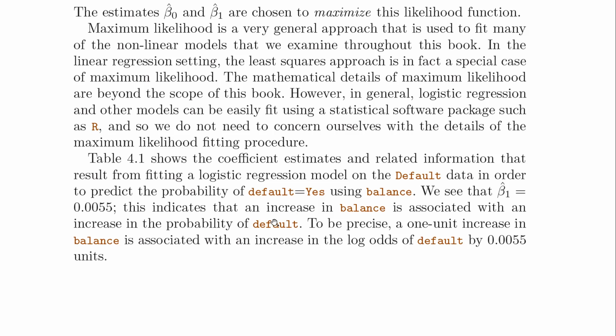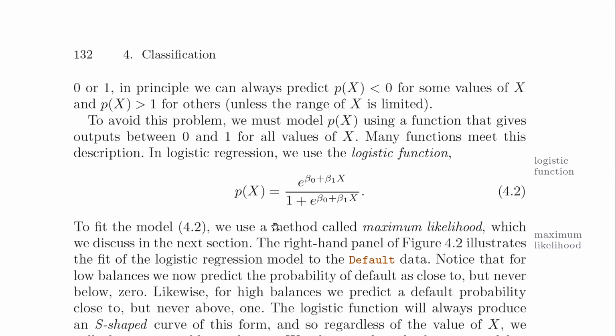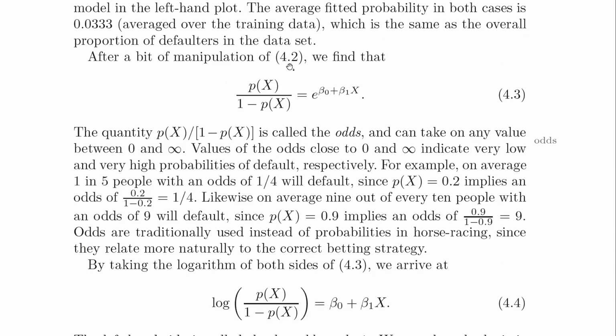Now do remember, this is a non-linear model. In fact, to be precise, a 1 unit increase in balance does not increase your probability by 0.0055. Instead, it increases the log odds.